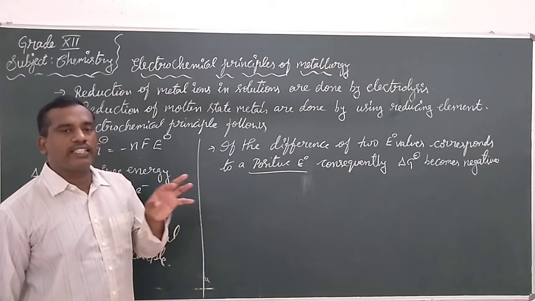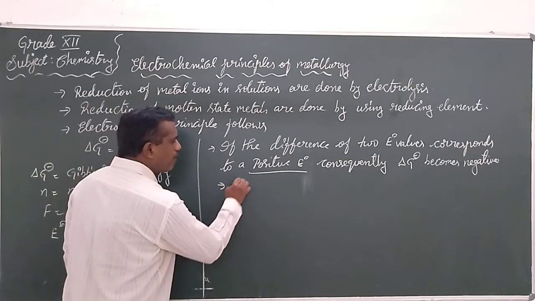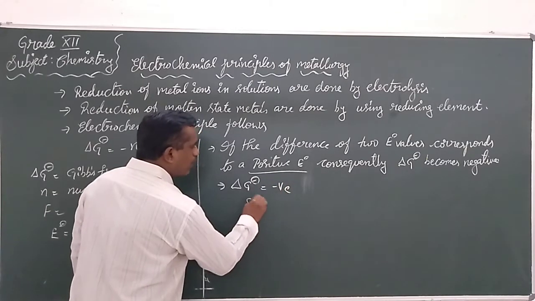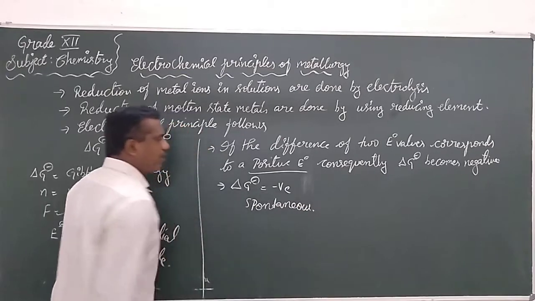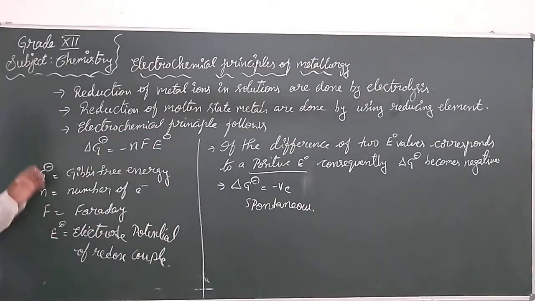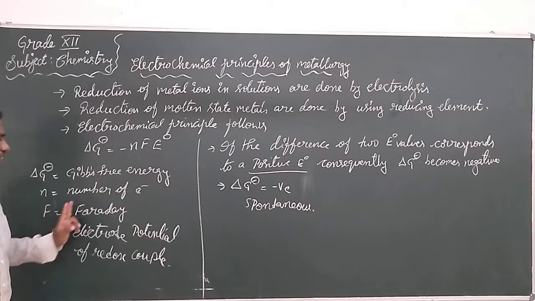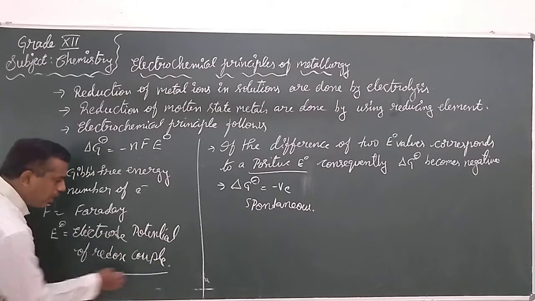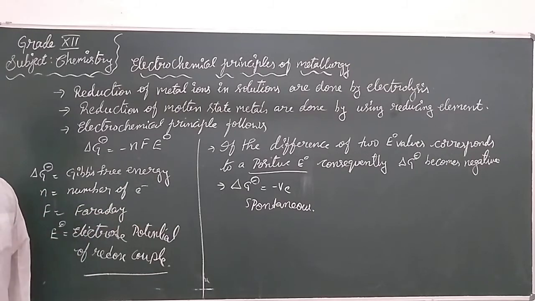When delta G is getting more negative, what will happen? When delta G becomes more negative, then this is a spontaneous reaction. Further, delta G is called Gibbs free energy, and n is the number of electrons. F is the Faraday. E is the electrode potential of the redox couple, reduction half cell and oxidation half cell.